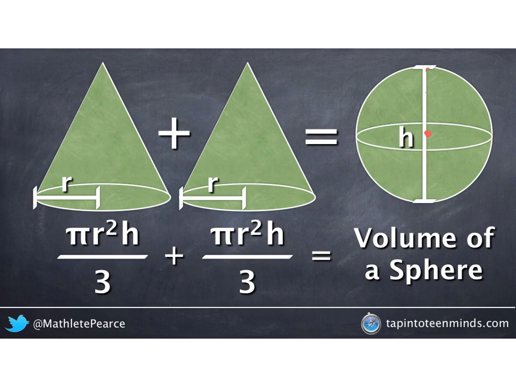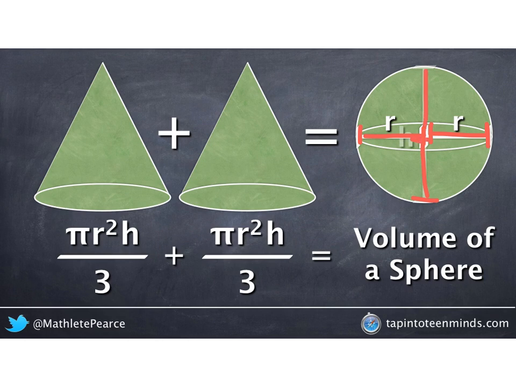And that radius, from the center out to the edge, we're saying is the same as each of these cones pictured here. Well, that means that 2 radii, 2 radiuses, end to end, are the same as the height of the sphere. So when you take this right there, it's the same as the height of that sphere.